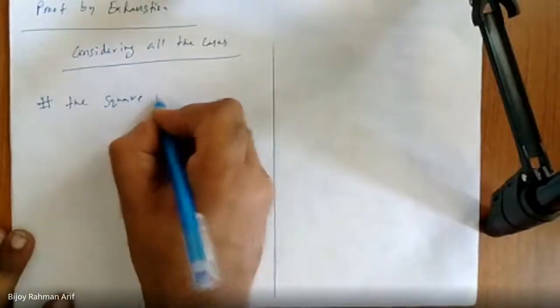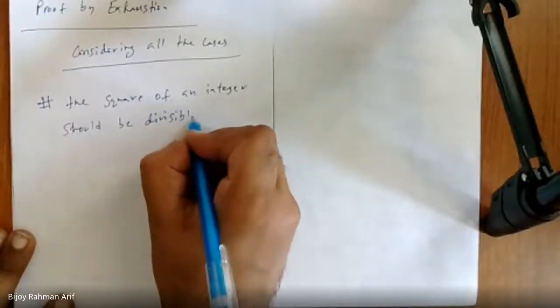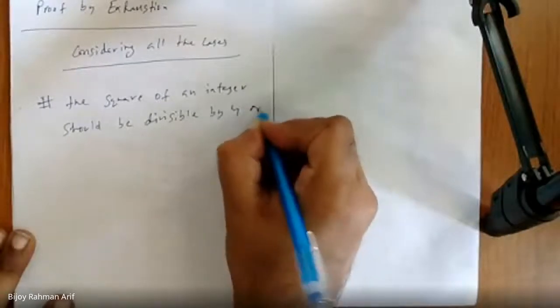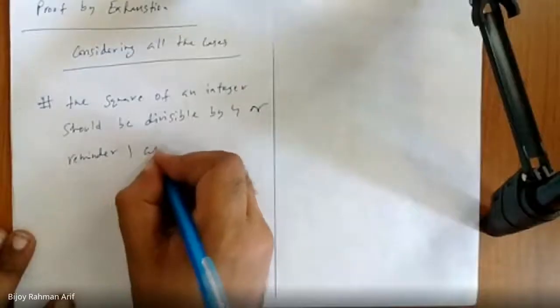So let's try to prove this. The square of an integer should be divisible by 4 or have remainder 1 when divided by 4.